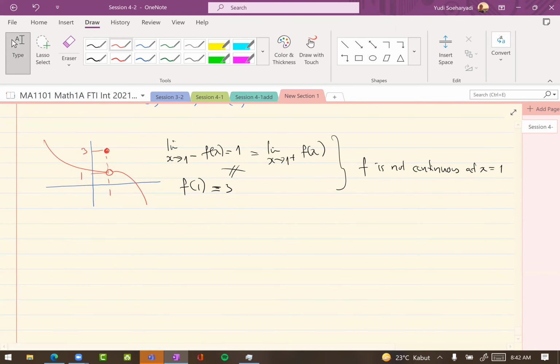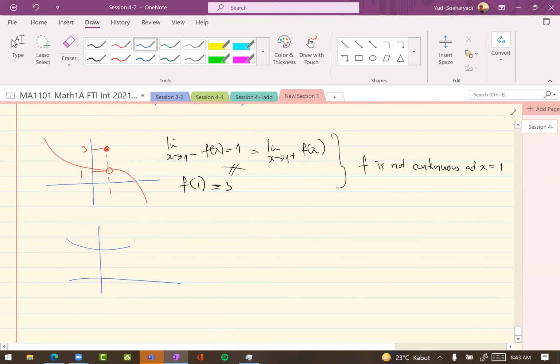And you have also this case, where you see that even the limit doesn't exist.